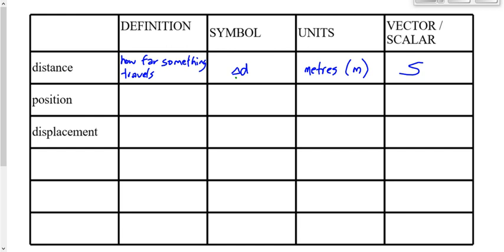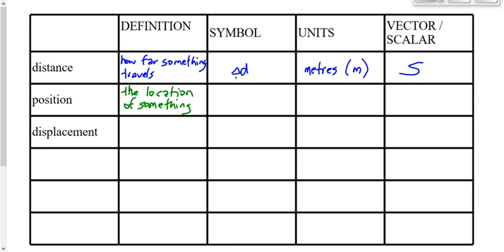Position. Position is the location of something, where something is.